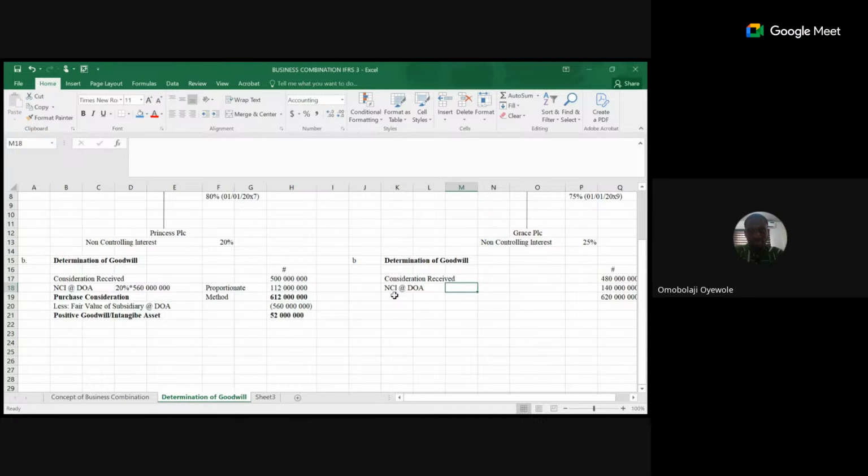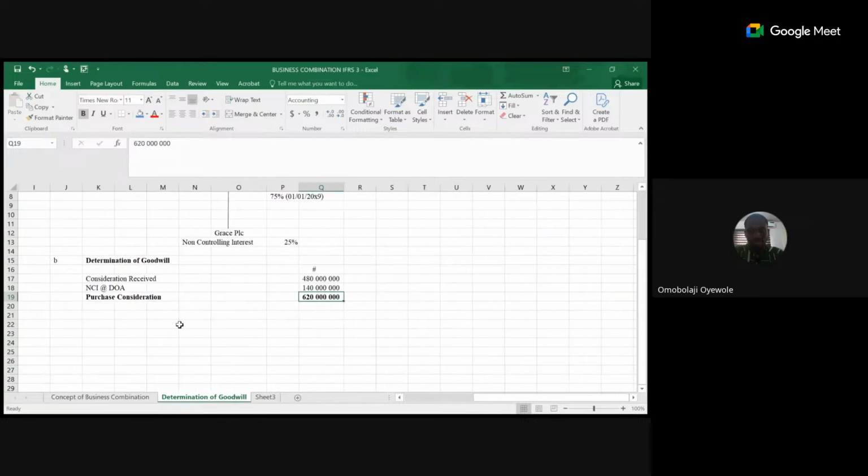In the long run, you will see how we can determine fair value if it is not given to us. So this is our purchase consideration.